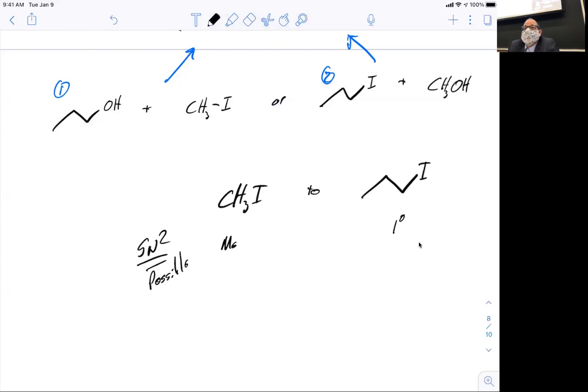Which one is preferred? Which one is less sterically hindered, the methyl or the primary? Well, the methyl only has hydrogens. The primary, although still not very sterically hindered, at least has one carbon.